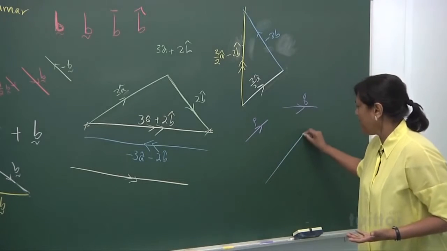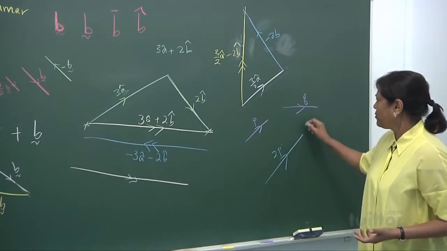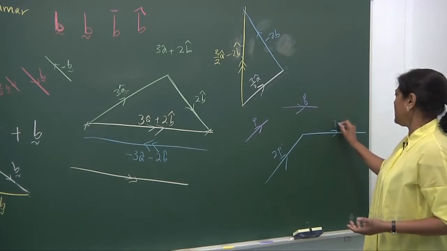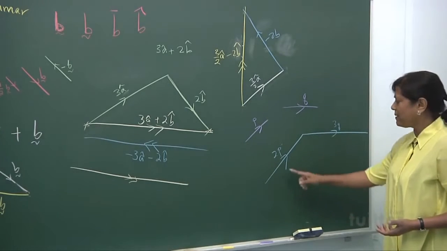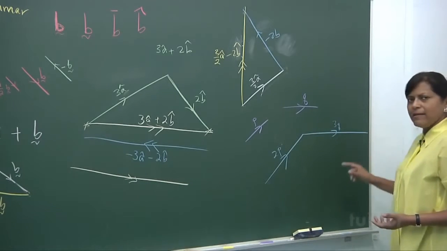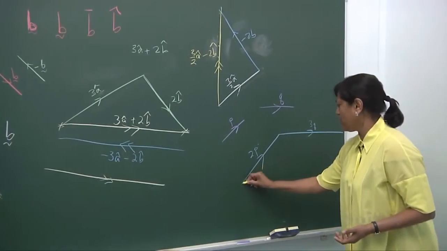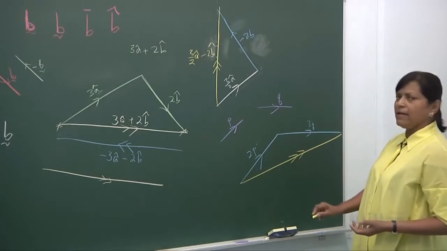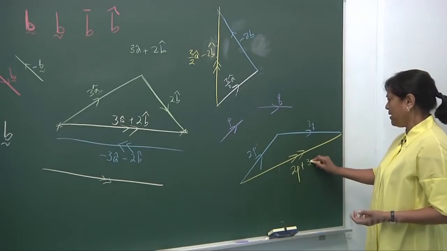So 2P plus 3Q. 3Q is 3 times the length. So that's a 3Q, let's assume. Alright, 3Q. And so the resultant starting point here, it goes there and it goes there. So you see it's about direction. So your 2P plus 3Q will be this entire length, the resulting vector 2P plus 3Q.